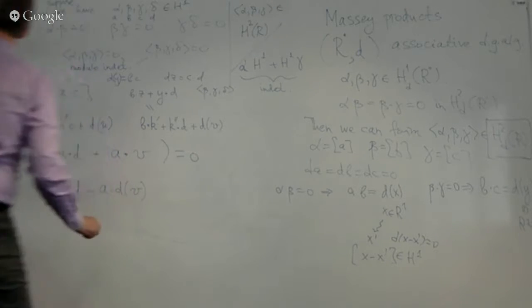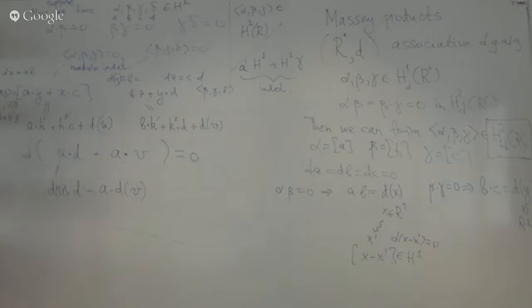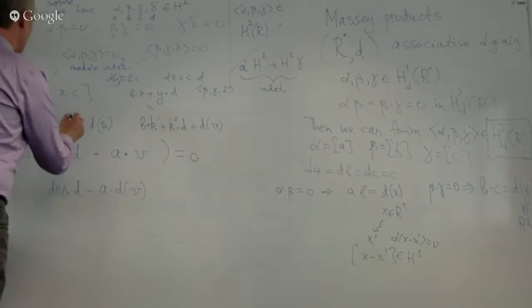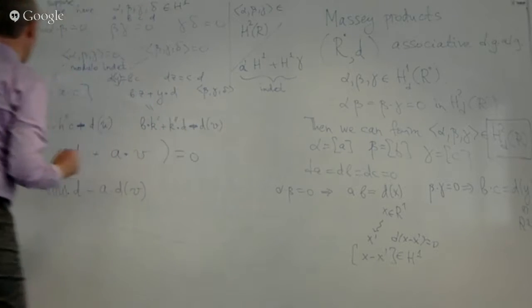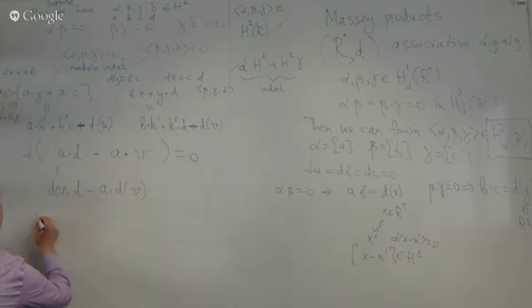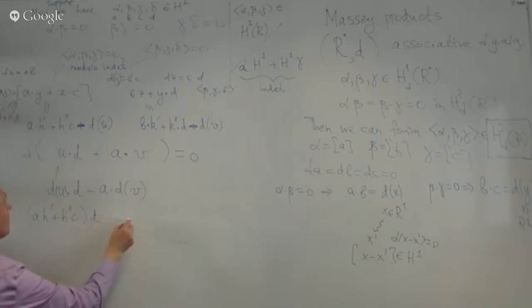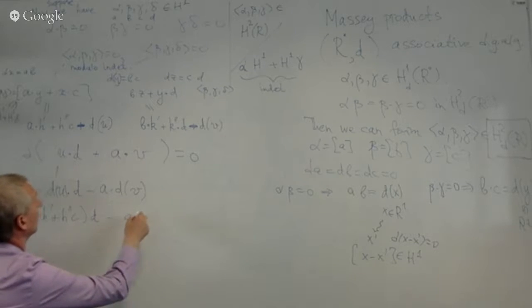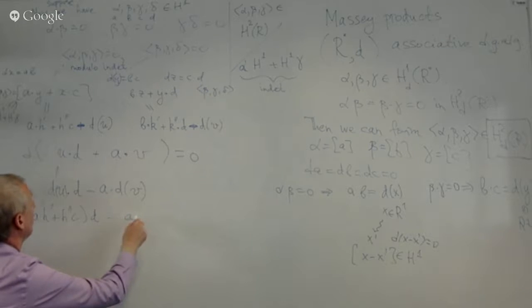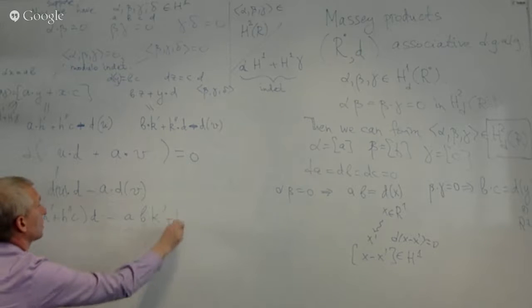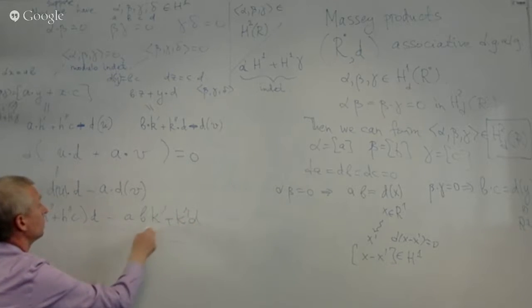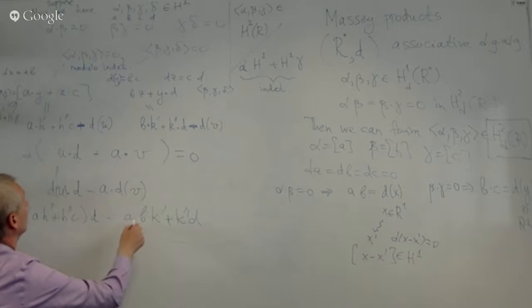Then we replace there. So dU is A H prime plus H double prime C, times D, minus A times B K prime plus K second D. There was a parenthesis here.